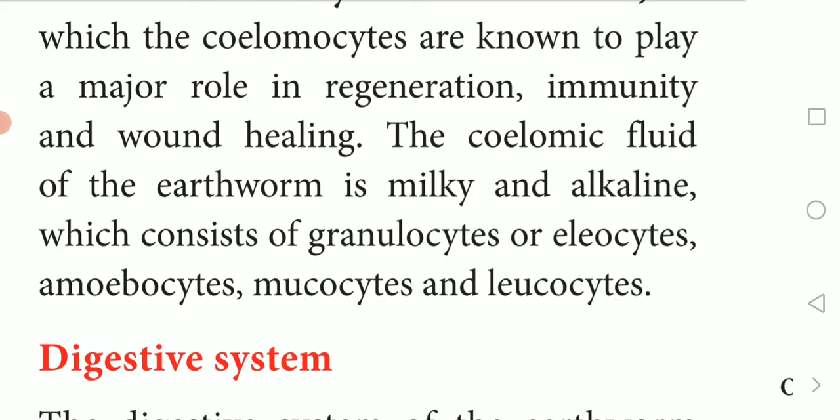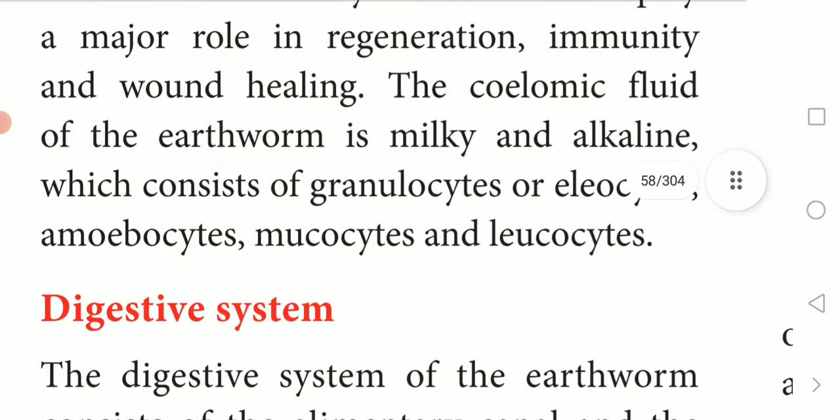The coelomic fluid of the earthworm is milky and alkaline, which consists of granulocytes, eleocytes or amoebocytes, mucocytes, and leukocytes. Here, the coelomic fluid, the fluid present in the coelom, has characteristics such as being milky and alkaline.